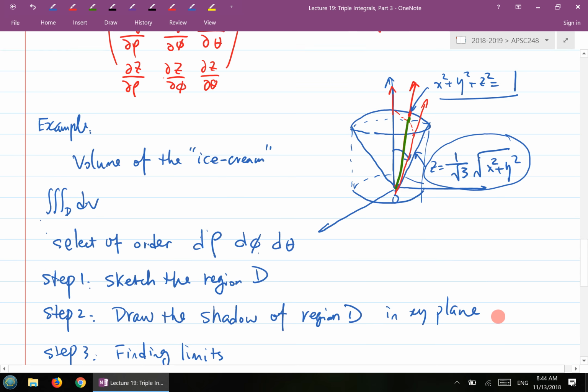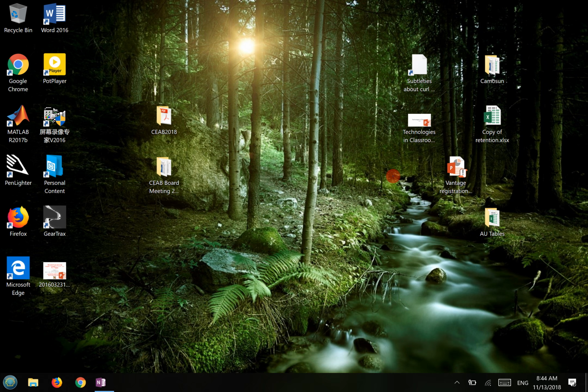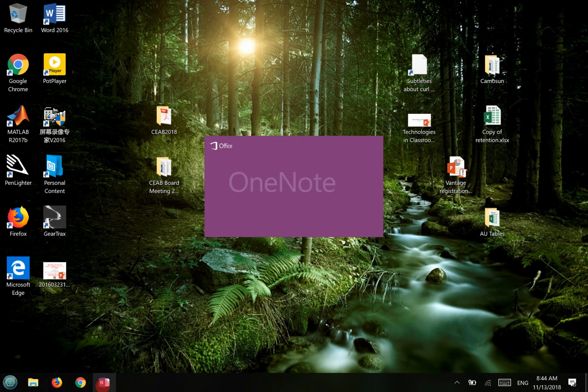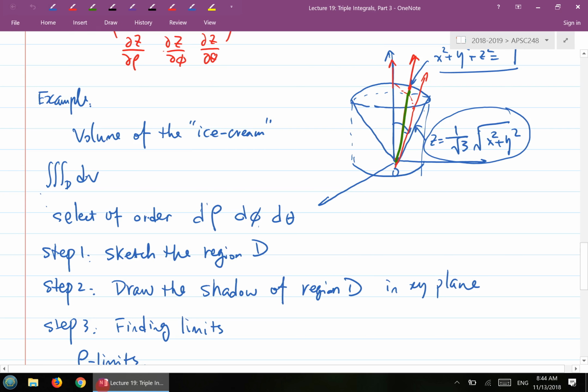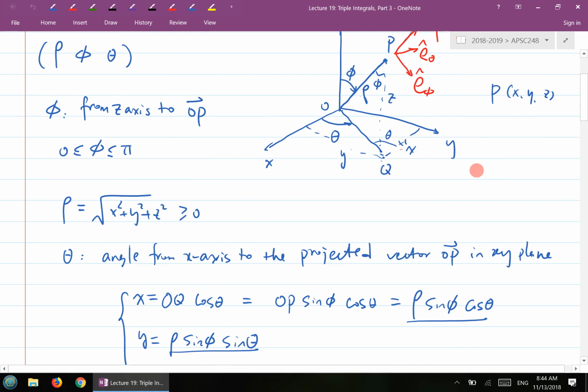I already start from 0 to 60. How about do we consider the other side, like negative? No, you don't have that. Remember the limits for phi are between 0 and pi. We have limited the phi angle to be between 0 and pi here, so you cannot have a negative angle, basically.